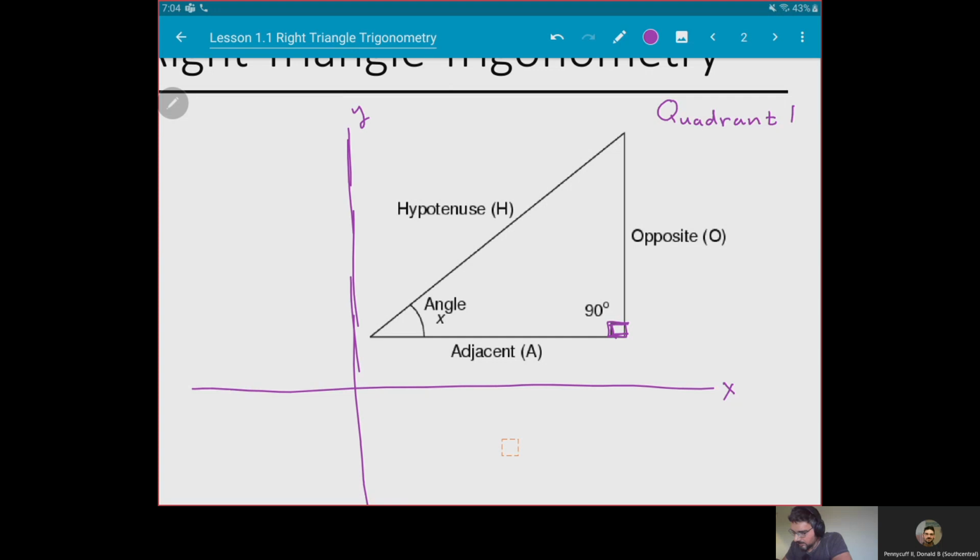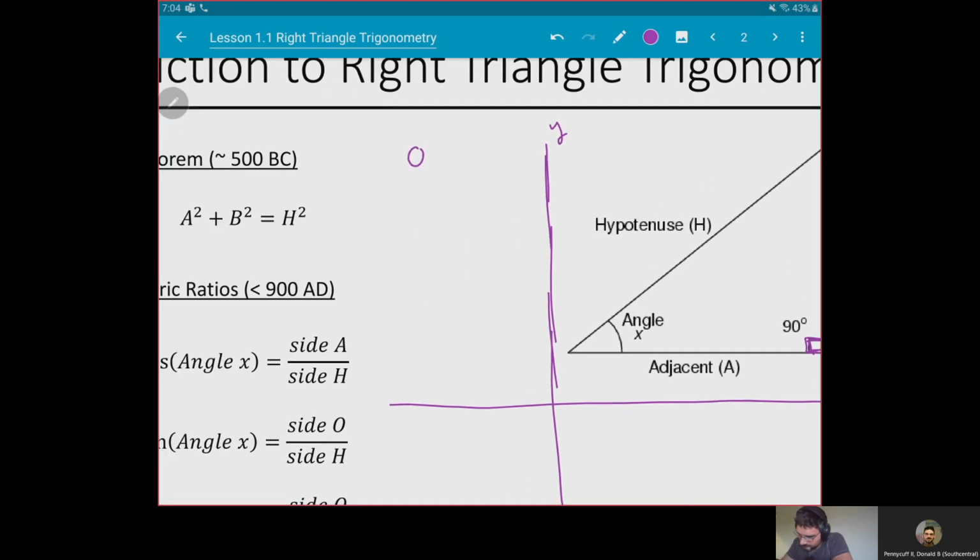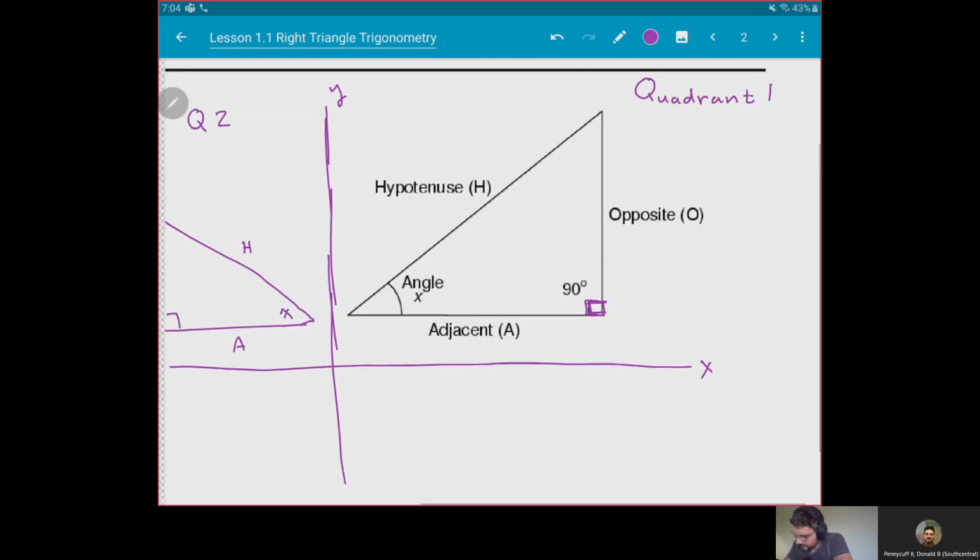Okay. If we were to write this in the second quadrant, this would be Q2 right over here, then it would be a triangle that looked like this. So here's your H, A, O, perfect corner, and here is your angle X. All right.